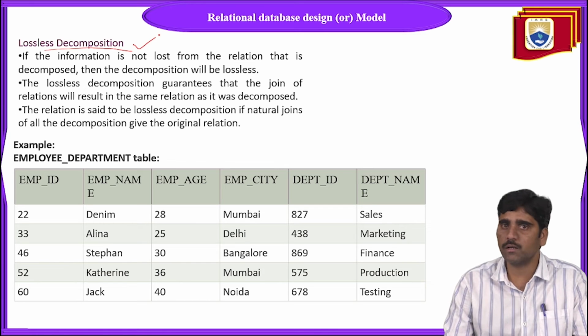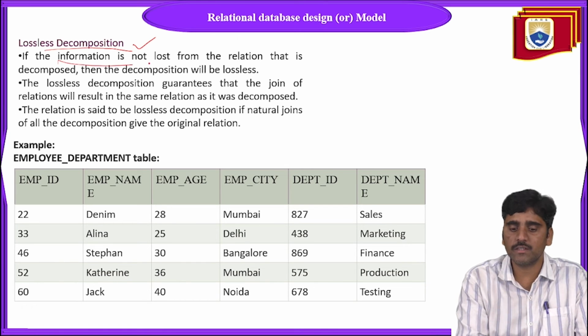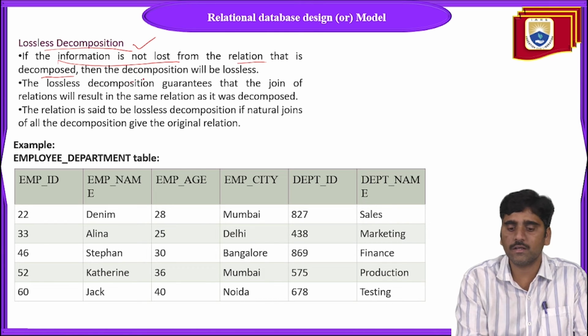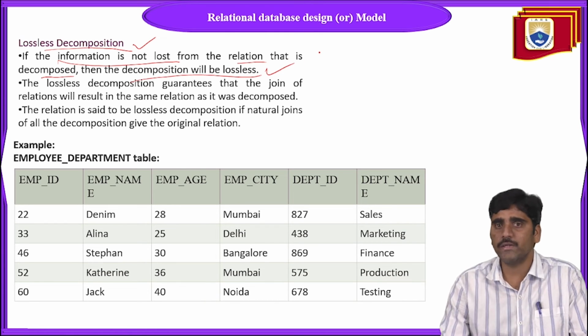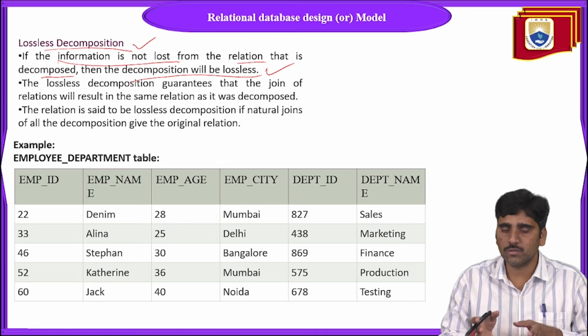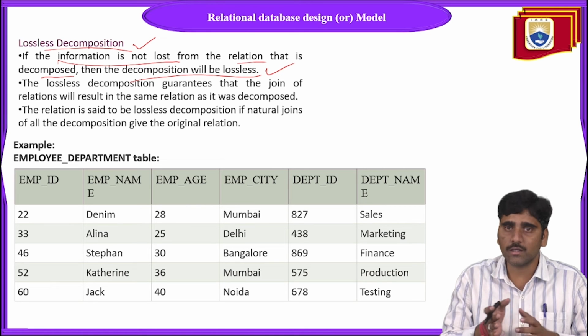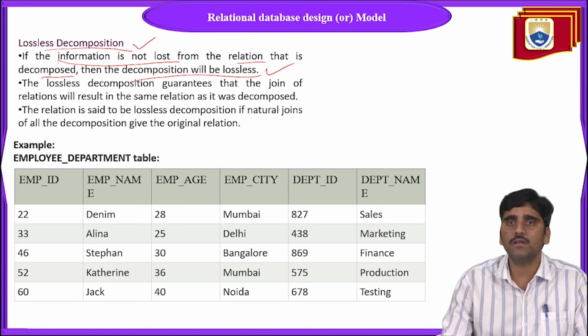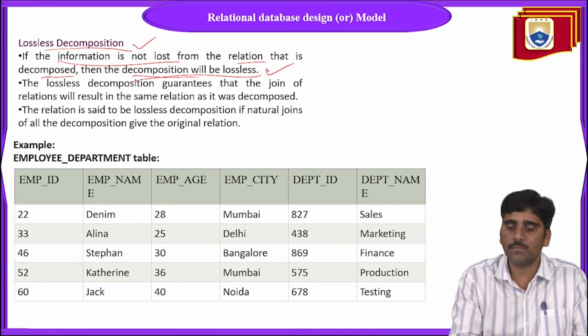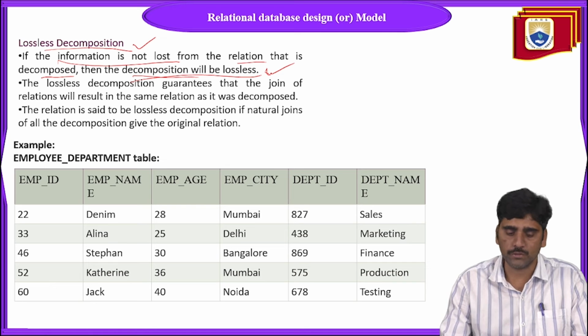If the information is not lost from the relation that is decomposed, then the decomposition is lossless. That means whenever you decompose the table into two tables, you are not losing any data, so it is said to be lossless decomposition.